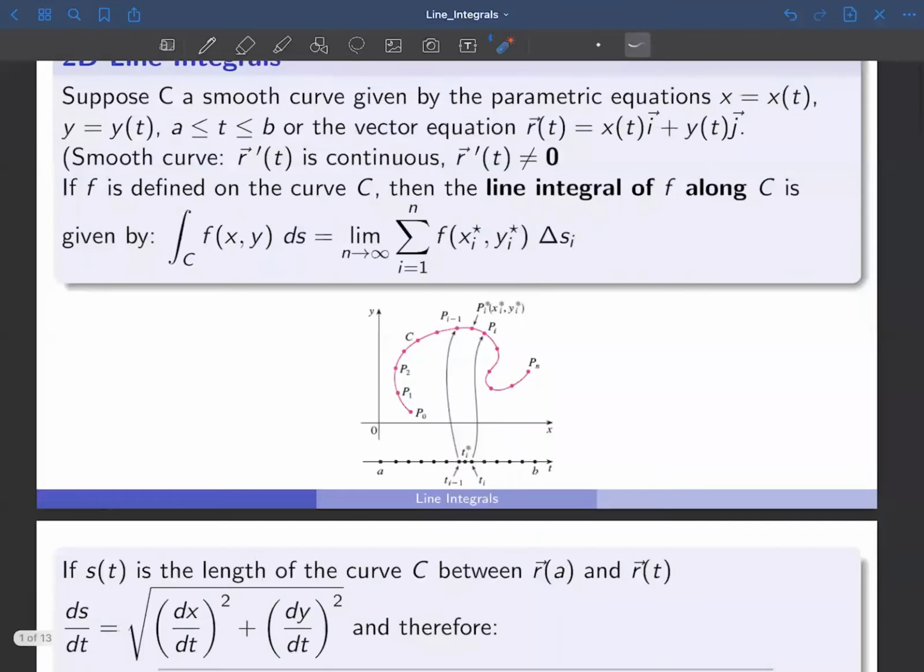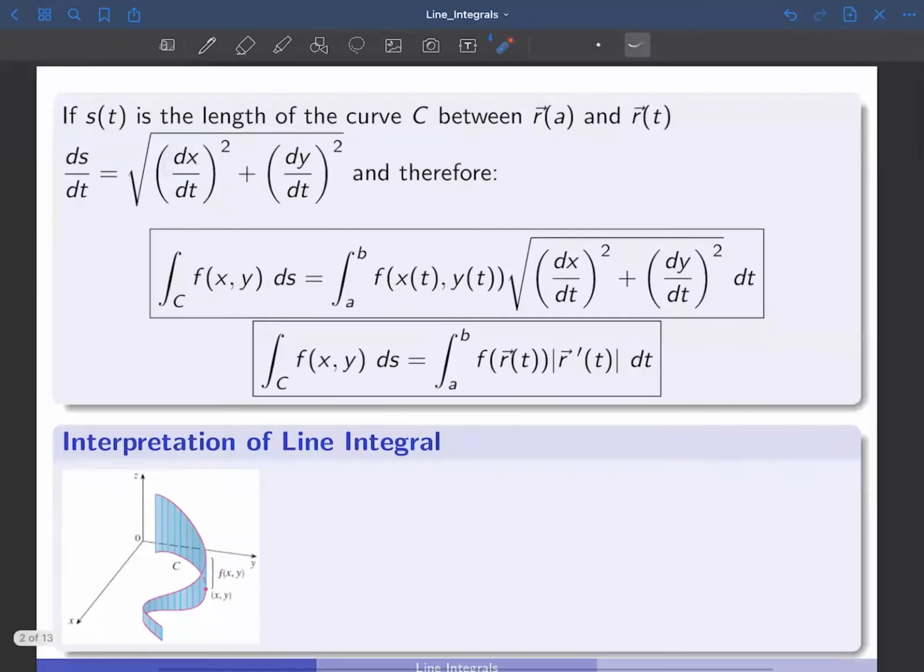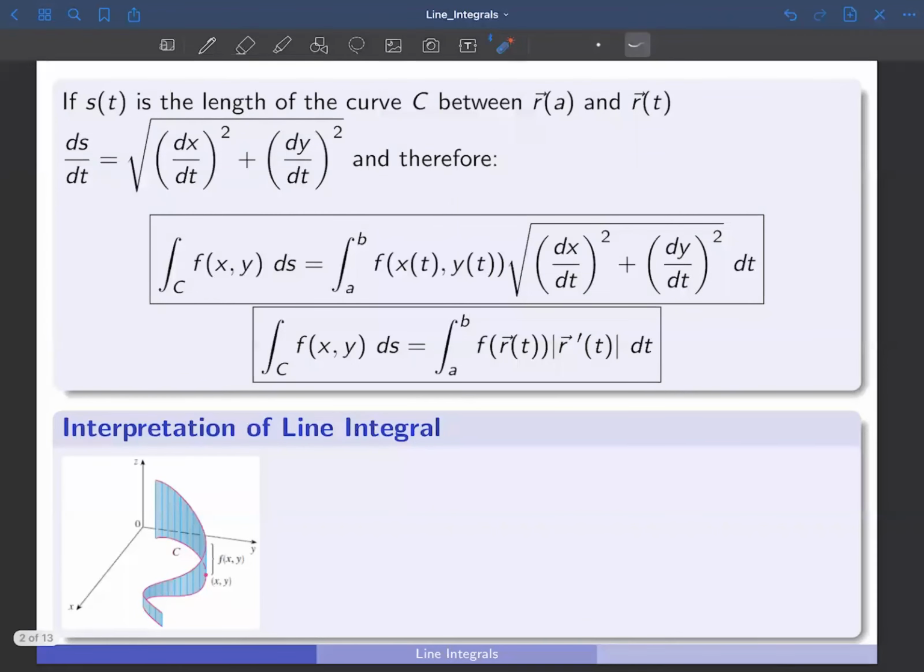Now, if we denote as s of t the length of the curve C between the position vectors r of a and r of t, the derivative of the length of the curve with respect to t will be equal to the square root of dx over dt squared plus dy over dt squared.